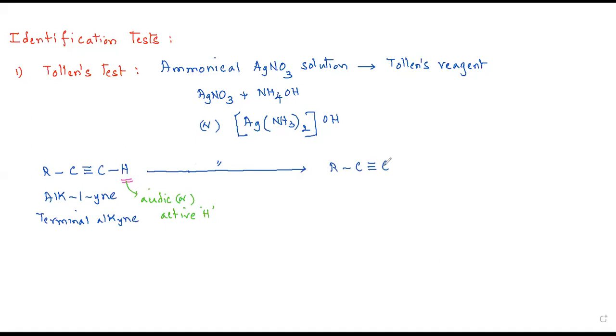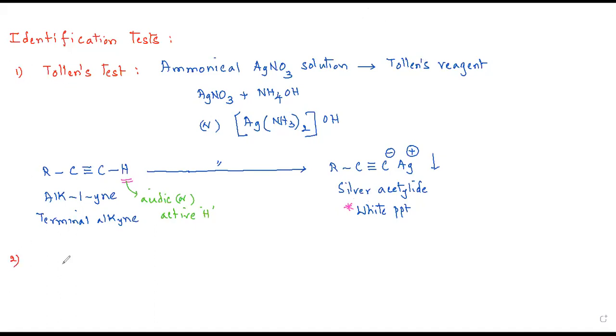Acidic hydrogen is simply replaced by the metal to form a white precipitate of silver acetylide. Okay. White precipitate of silver acetylide is what we get in this.